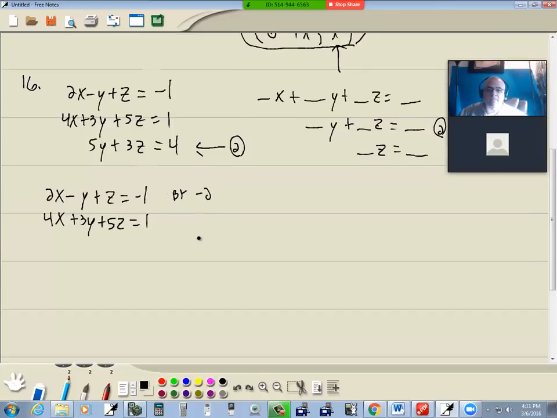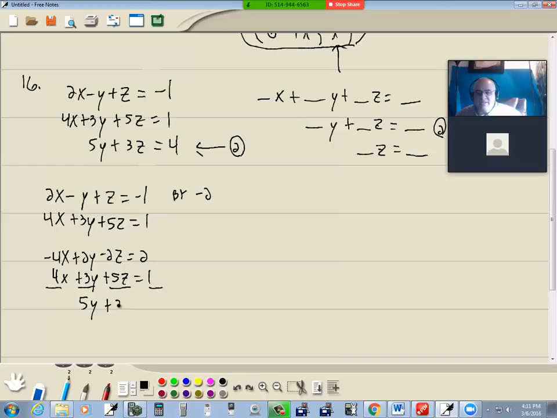So then we'll get negative 4x plus 2y minus 2z is equal to positive 2. And 4x plus 3y plus 5z is equal to 1. Now if I add these, I see that the x's are eliminated. 2y plus 3y is 5y, negative 2z plus 5z is 3z, and 2 plus 1 is 3.